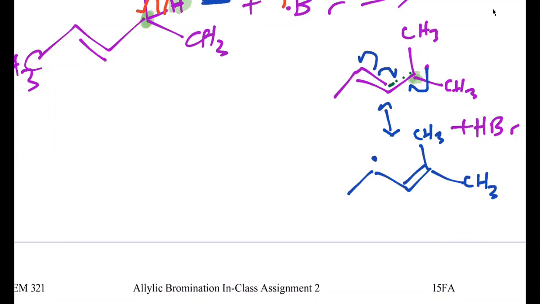Look at the arrows up top and follow that. This arrow and this arrow both say that I'm making a pi bond here. So the radical shifted to where the original one was. So that's going to be a new pi bond. And then the other arrow here says that I'm going to make a new radical.